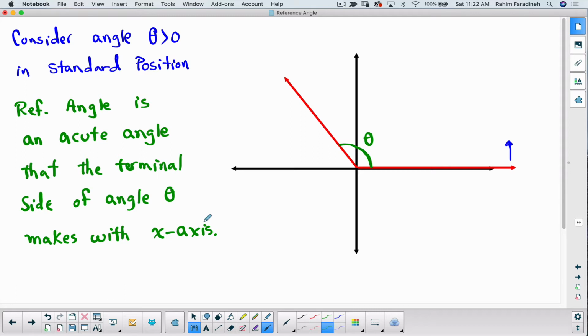An angle is an acute angle if its measure is between 0 and 90 degrees.